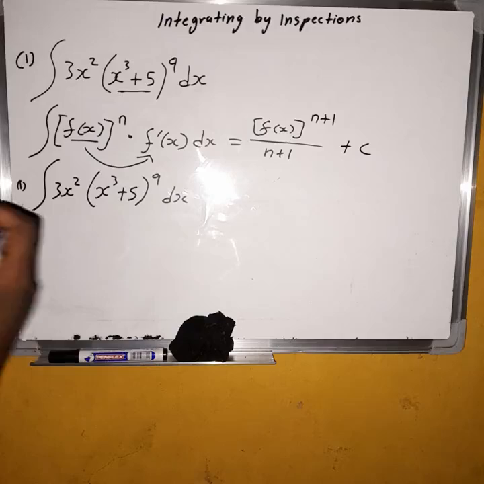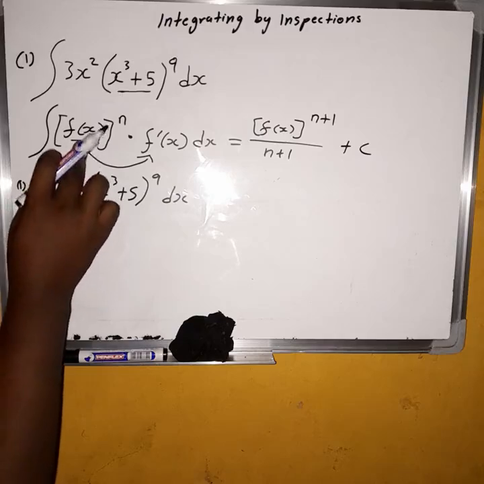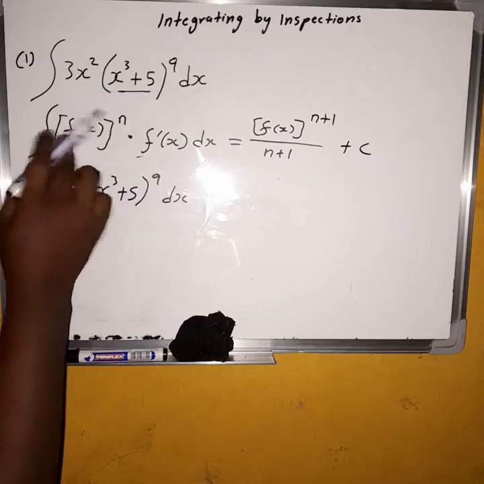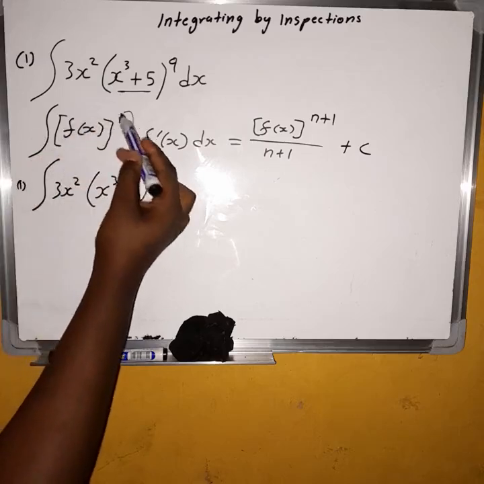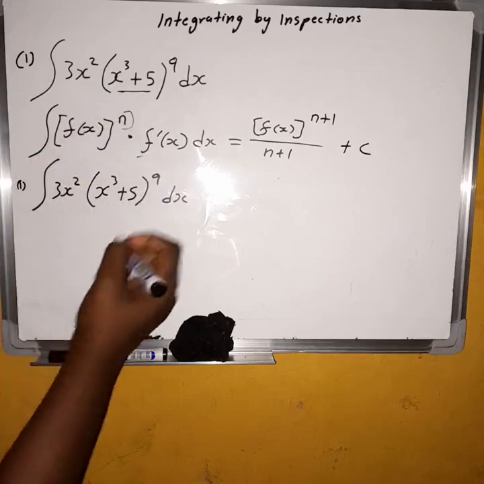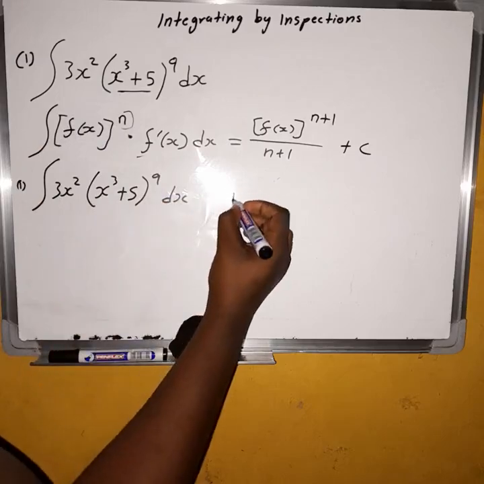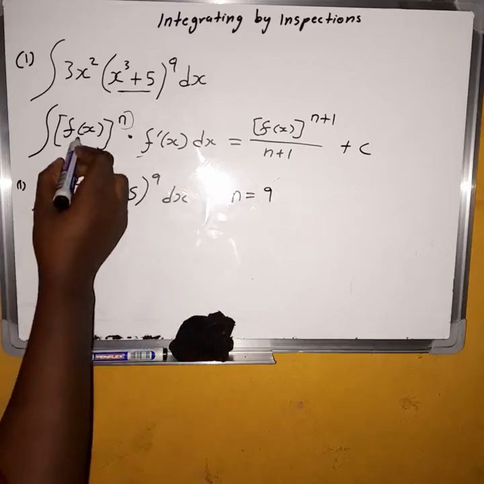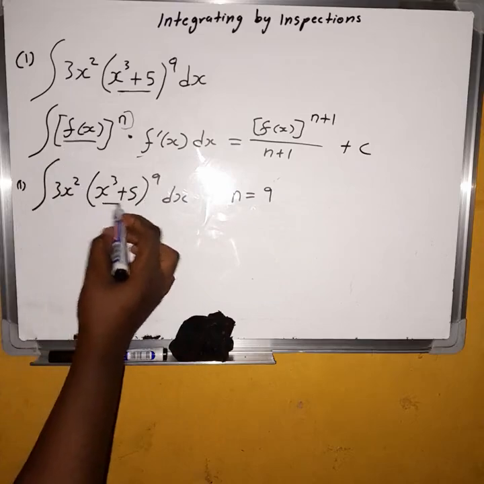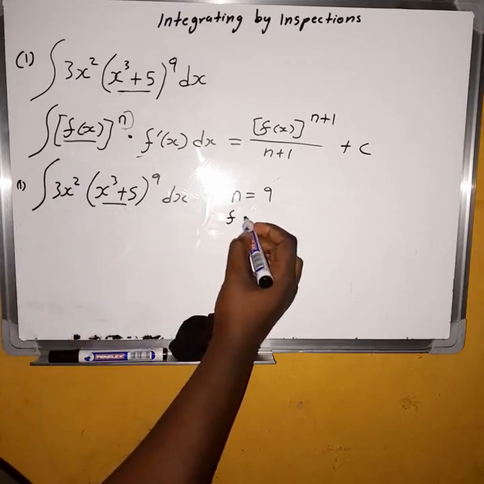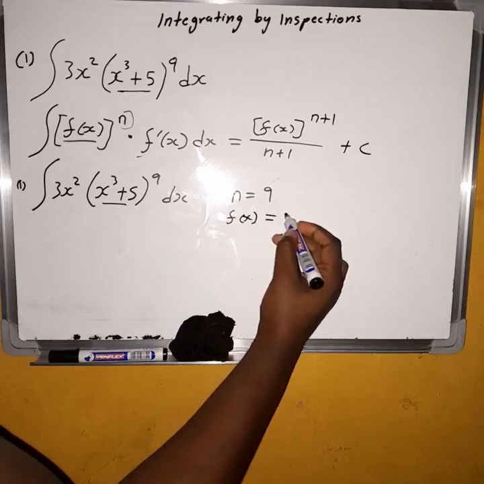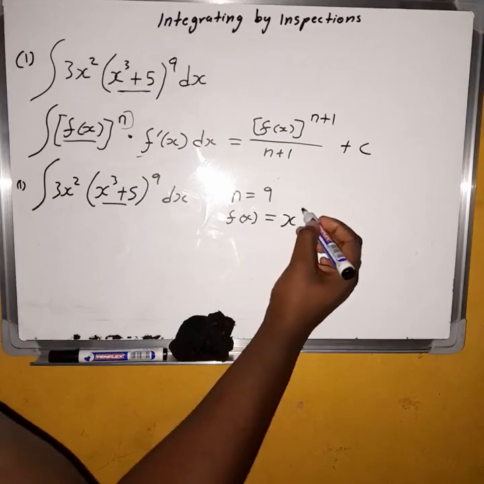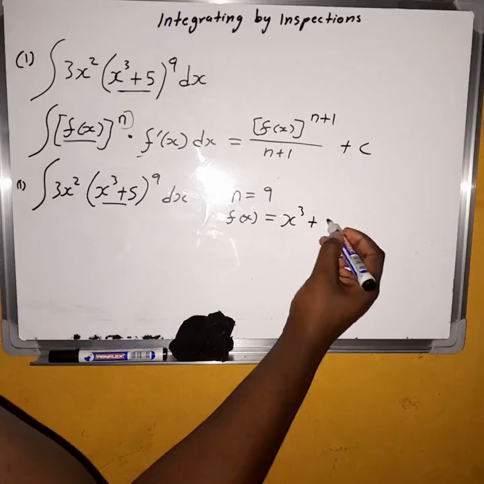So what will be the f of x? You can rearrange this. Here it is the exponent, our n. What is our n here? It's 9. What is f of x? f of x must be equal to x cubed plus 5.